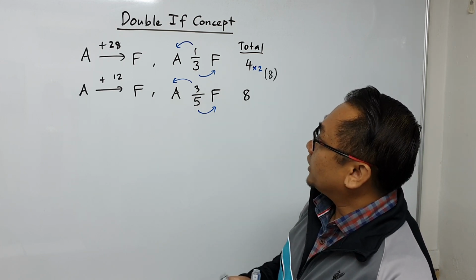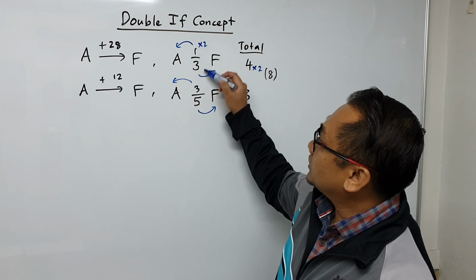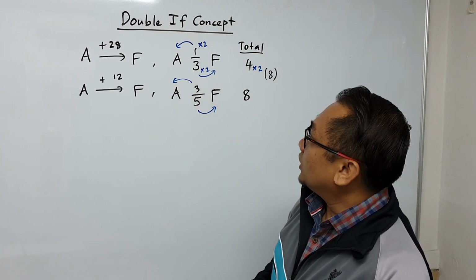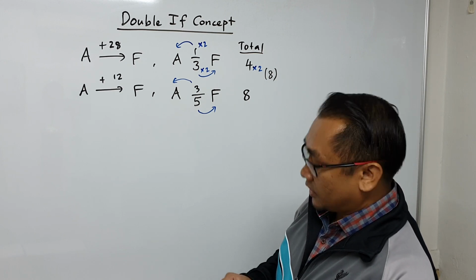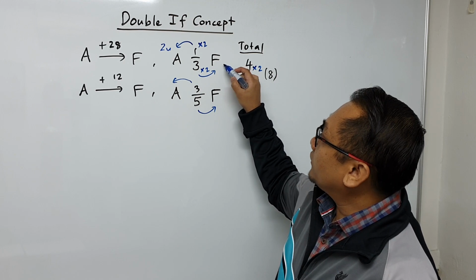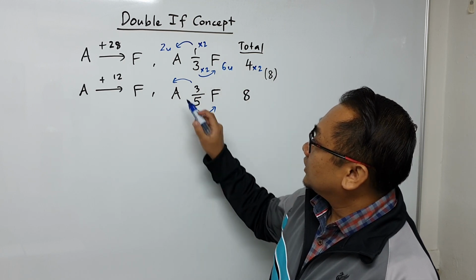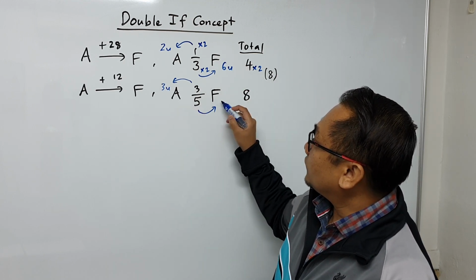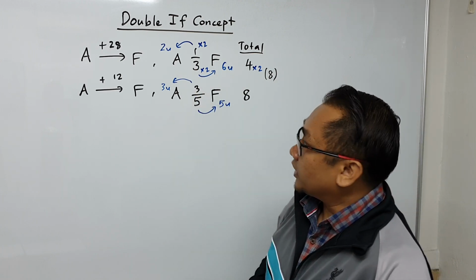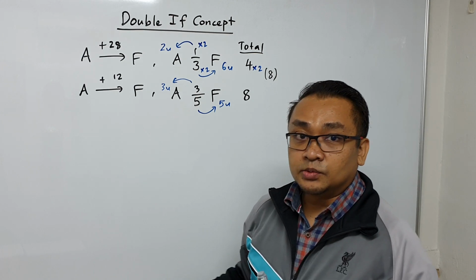When we do that, the fraction we also have to times 2, which means Alfred will now have 2 units while Fiona will have 6 units. Here Alfred will have 3 units and Fiona will have 5 units. Now both scenarios give us a total of 8 units.